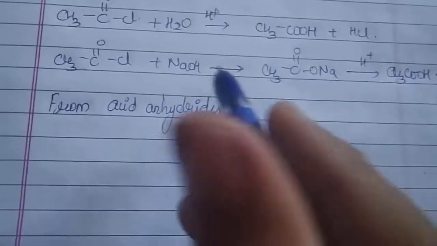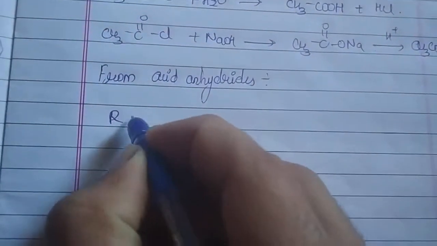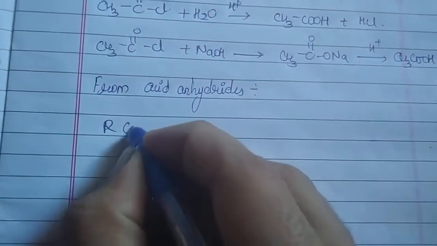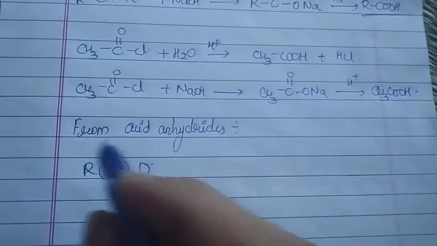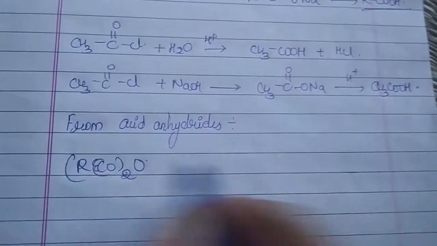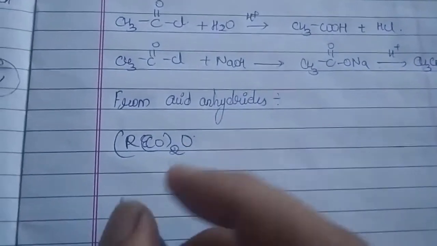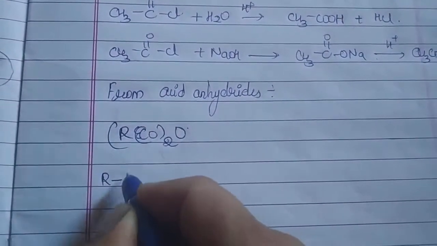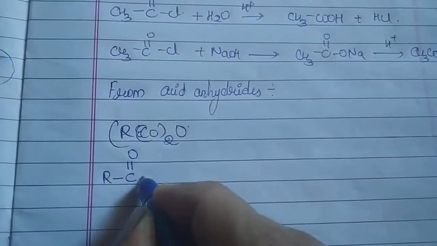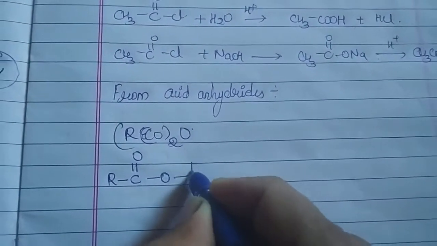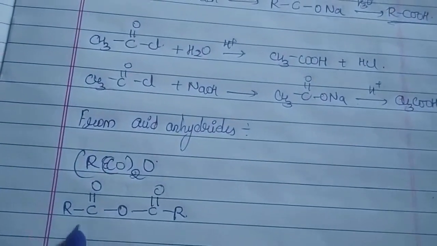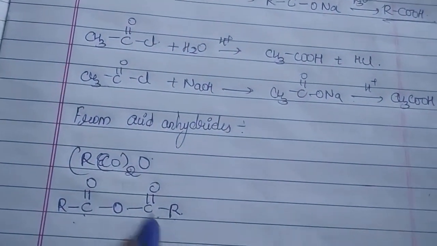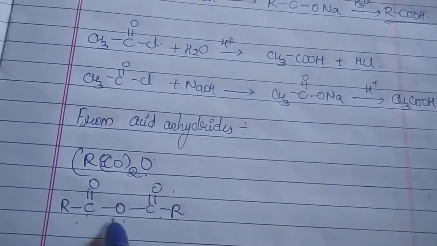Many times I have told you, the general format of writing acid anhydrides is (RCO)2O. Yes or no? (RCO)2O. That means R, C double bond O, single O, C double bond O and an R. Can you see? R 2 times, C 2 times, O 2 times and a single O is there.